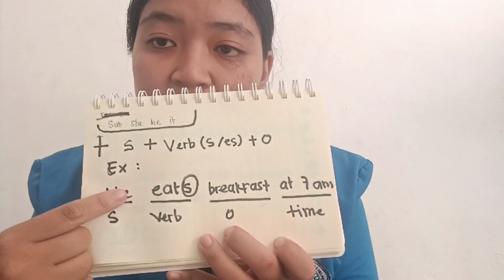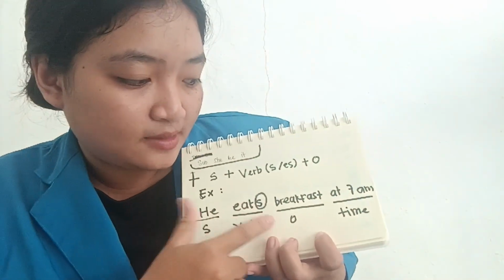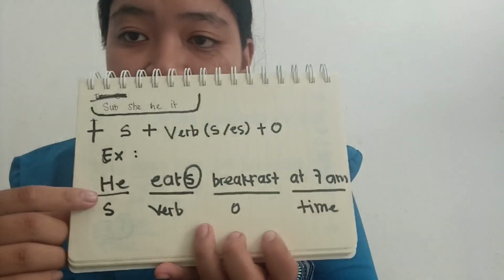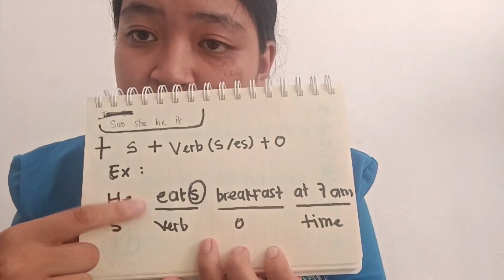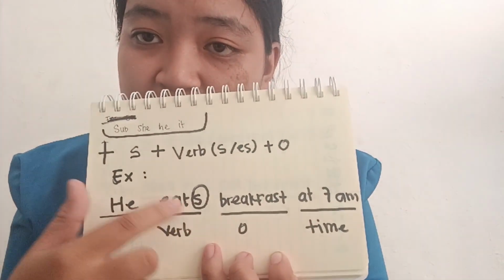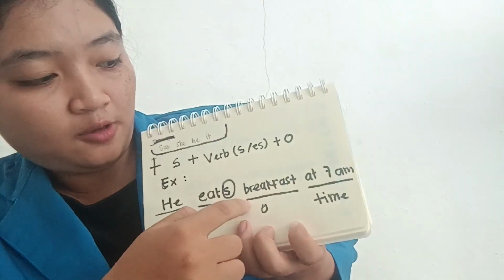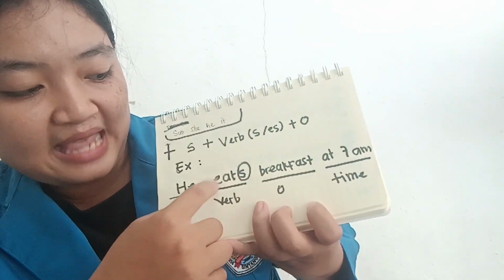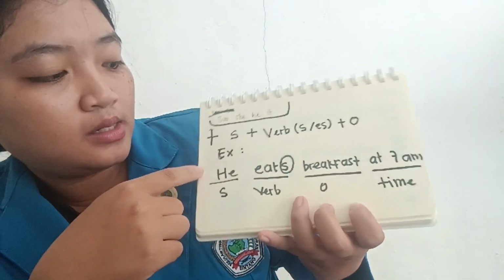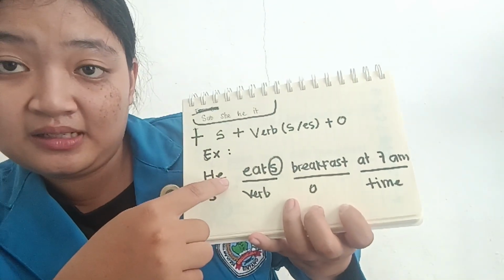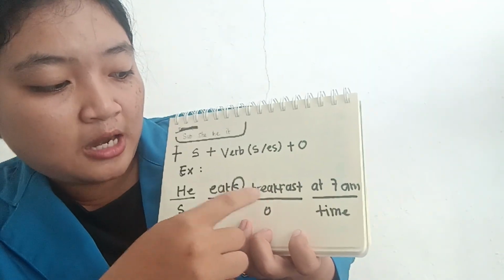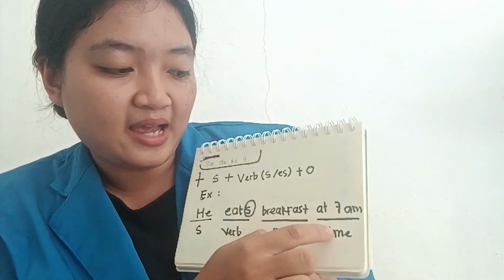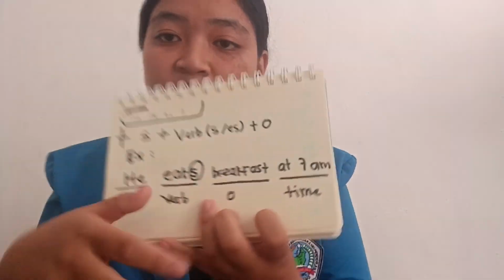For the example: he eats breakfast at 7 a.m. For the subject is he, the verb is eat, and the object is breakfast. For the verb, it is eat plus s because the subject is he, and then the object is breakfast plus a time, at 7 a.m.